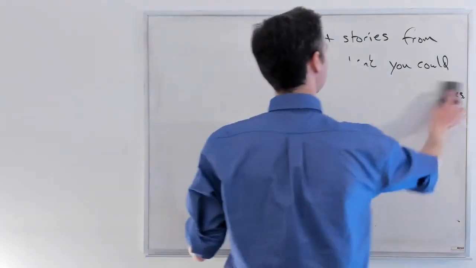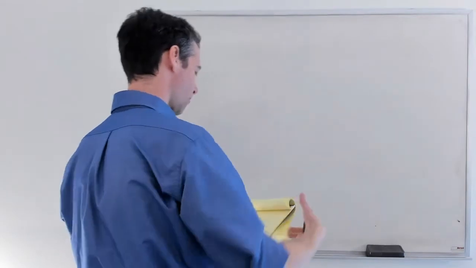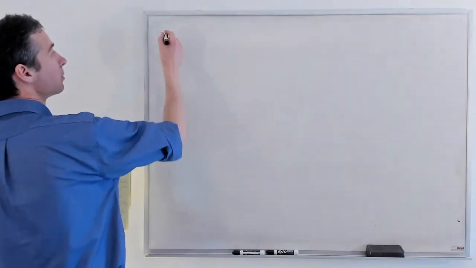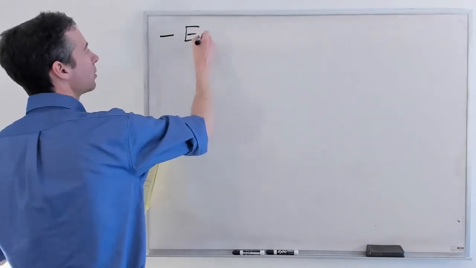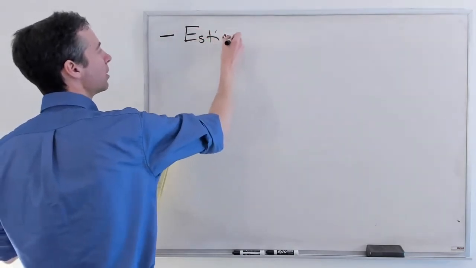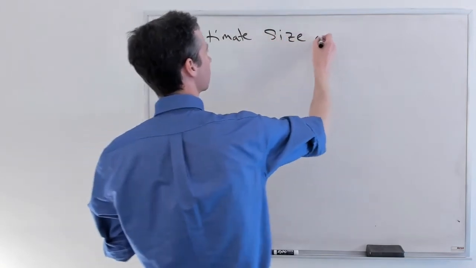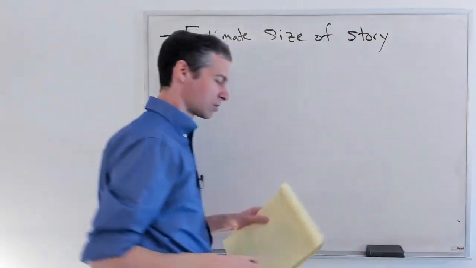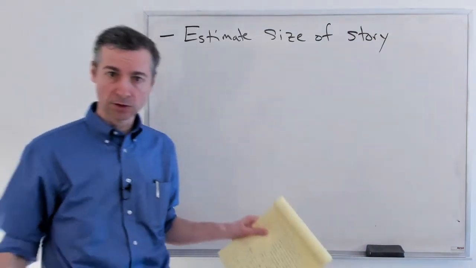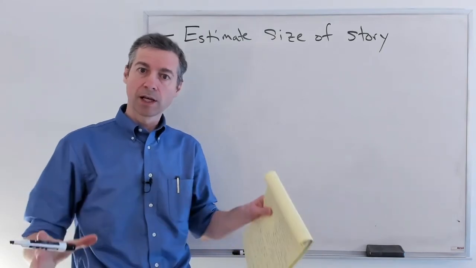All right, so that's all fine and dandy. Then comes a really important step where you estimate the size of the story. All right, so you will have done all of that for all the stories in your sprint backlog.